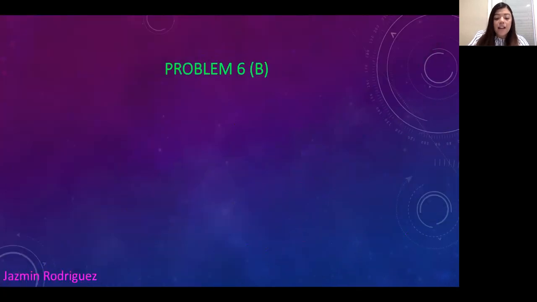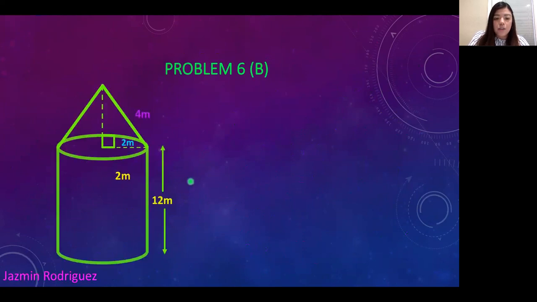All right, and for the last part of our problem here, we are given this lovely figure as well, and it wants us to determine the figure's volume and the surface area. Once again, there's too much going on, so let's go ahead and take these apart and focus on one thing at a time.